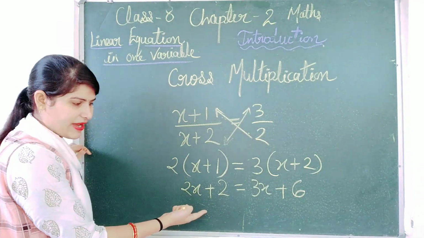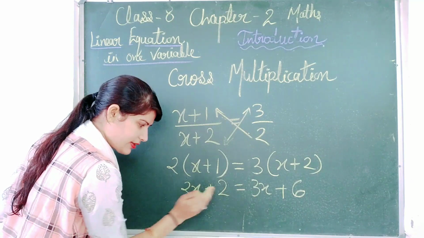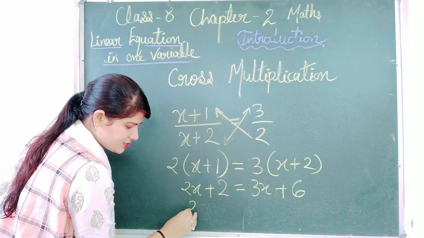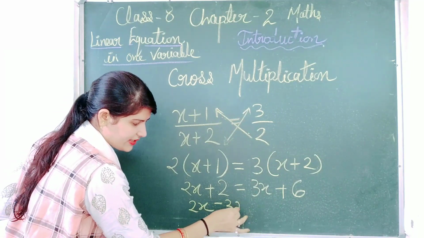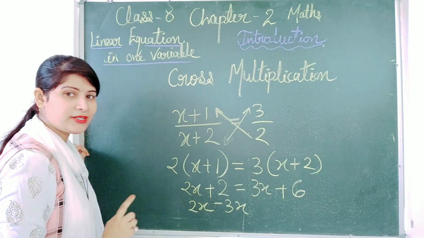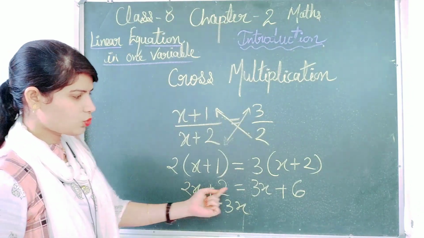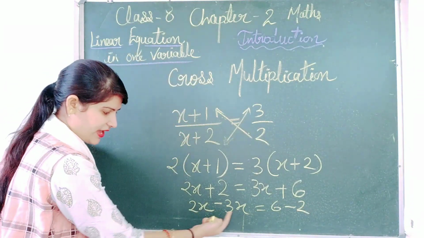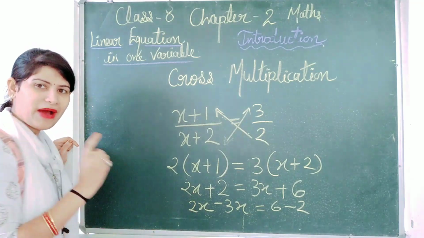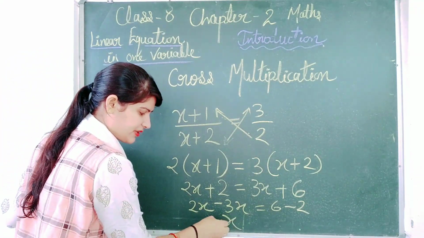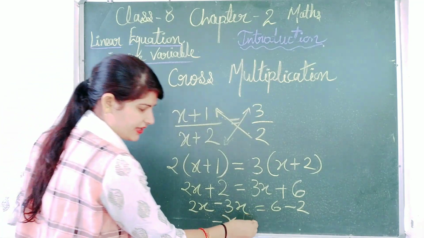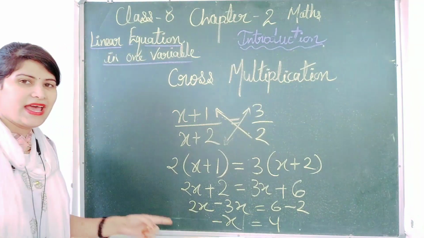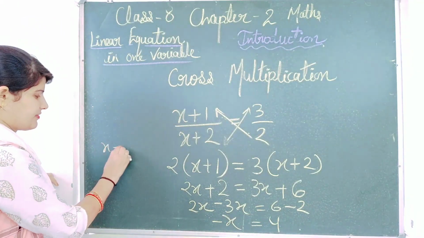Now again, using the transposing method, variables on one side and numbers on the other side. 2x minus 3x, and plus 2 will change to this side, so 6 minus 2. 2x minus 3x is minus x, and 6 minus 2 is 4. That means our answer is x equals minus 4.